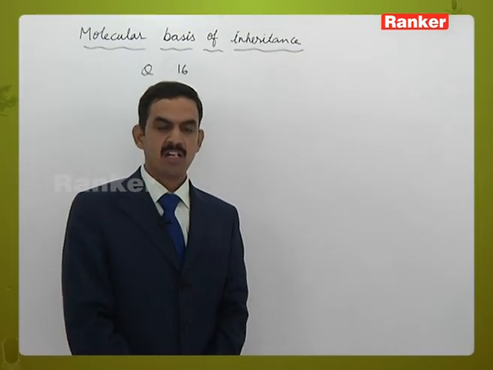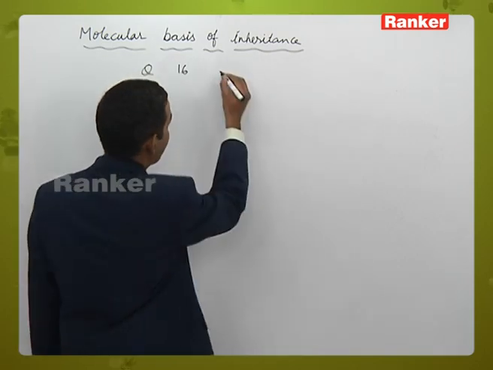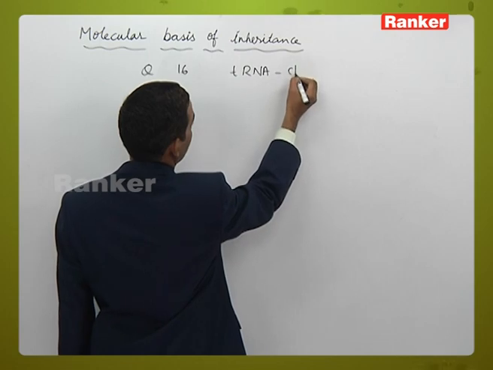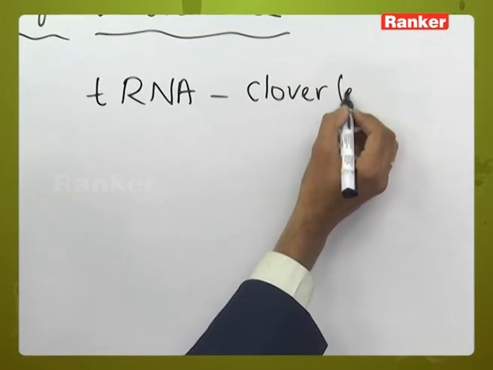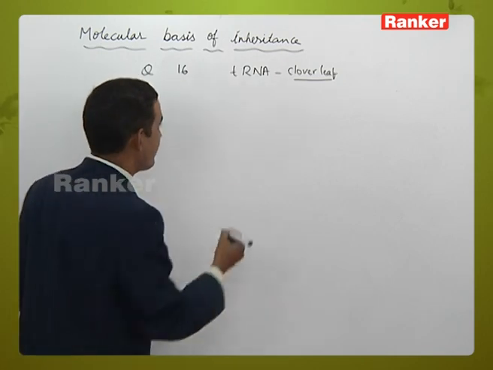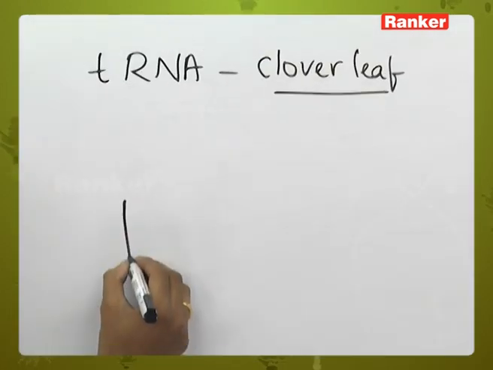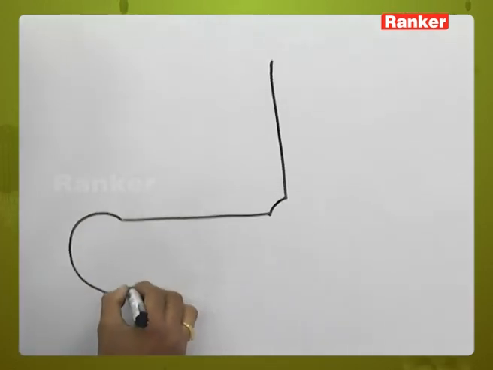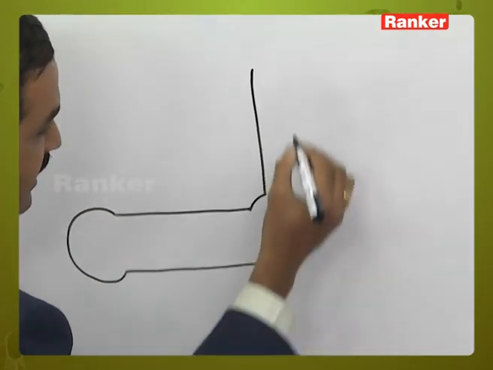Okay, here if you see the structure of tRNA molecule exhibits a clover leaf model. In this one, if you see the structure of this tRNA molecule, we are having a clover leaf like structure like this.